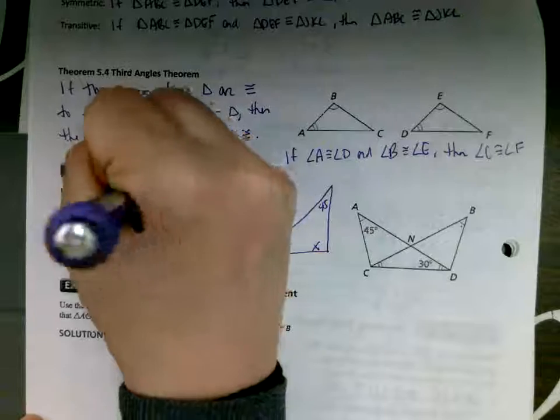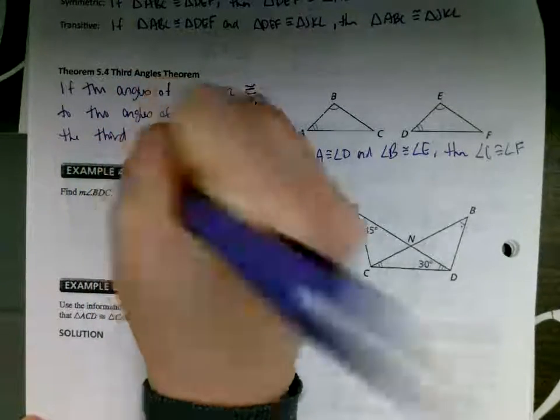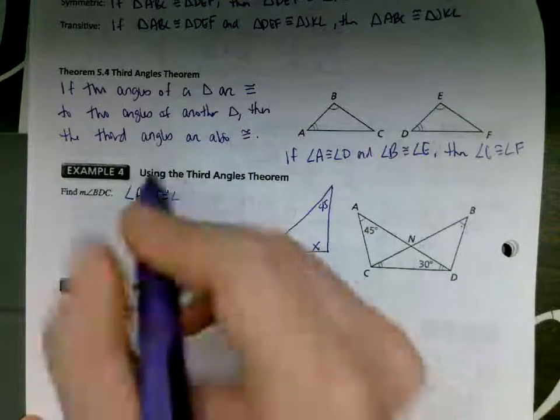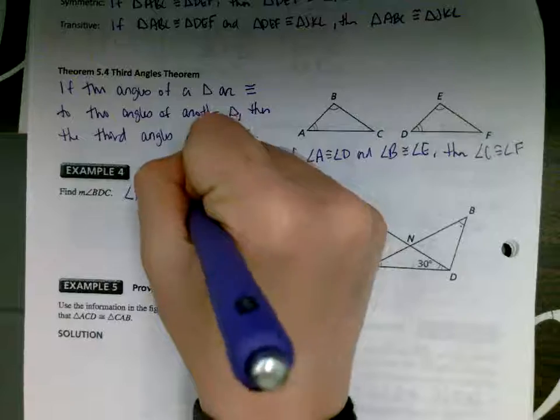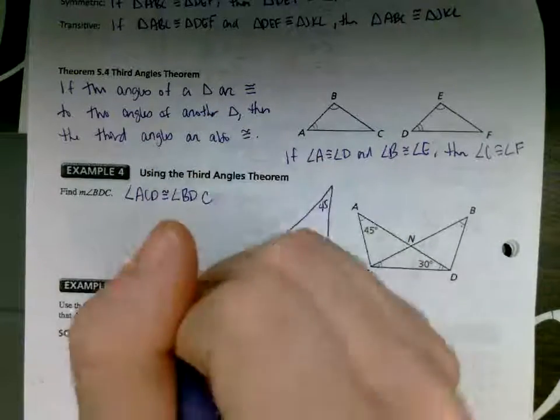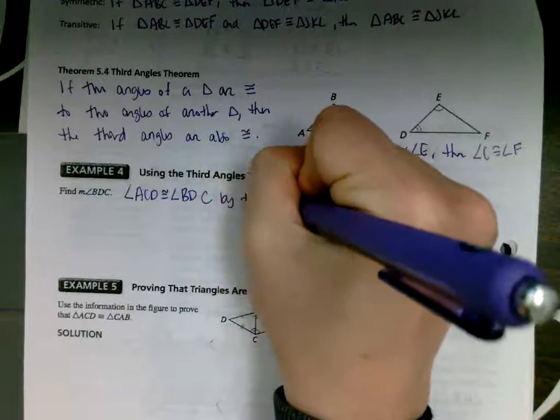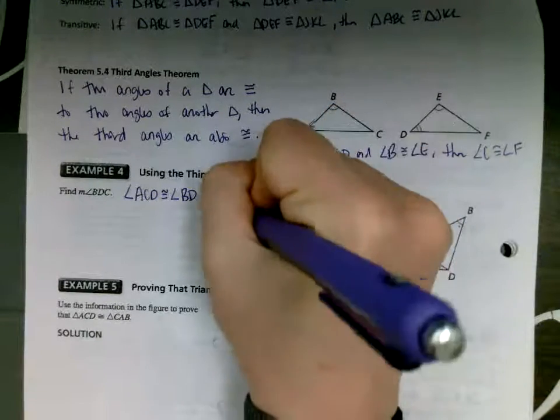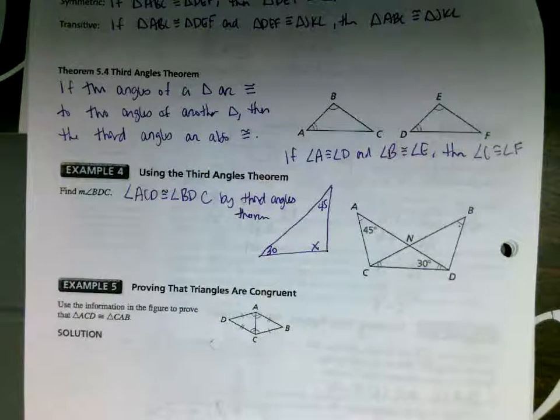Okay, so I know that angle ACD is congruent to, if I started at A, I start with B. If I went to C, then I go to D, and then back to C. And that is by the third angles theorem. Or you can say 5.4 is fine too.